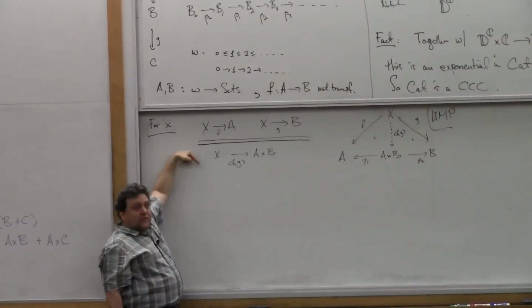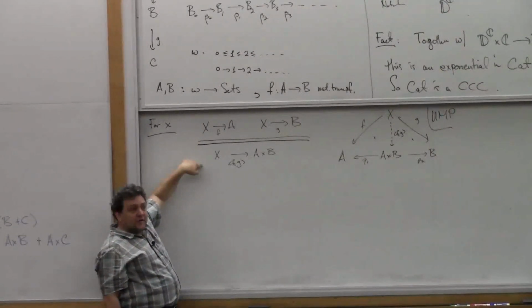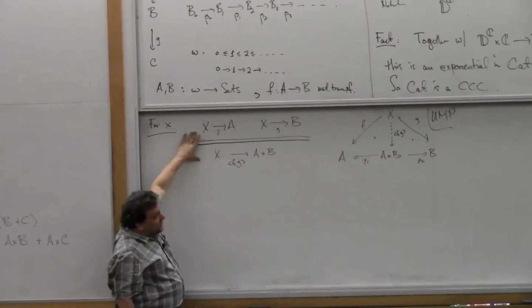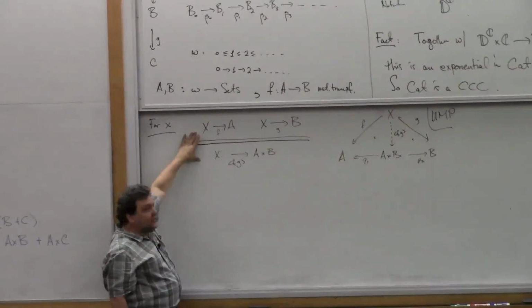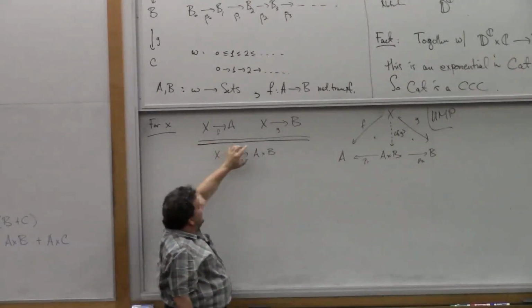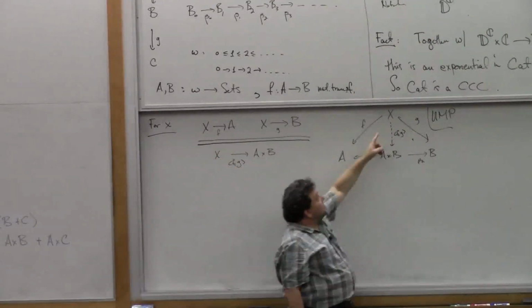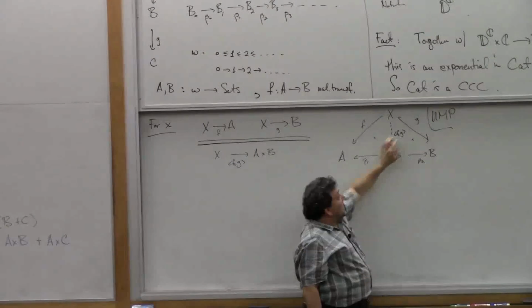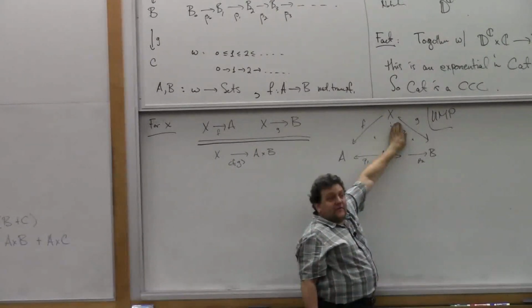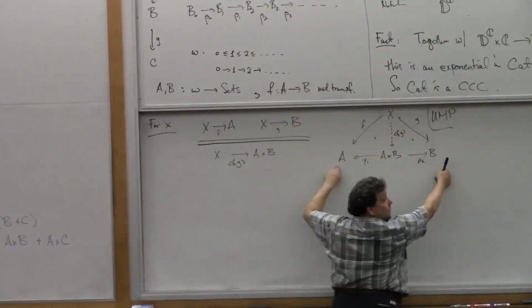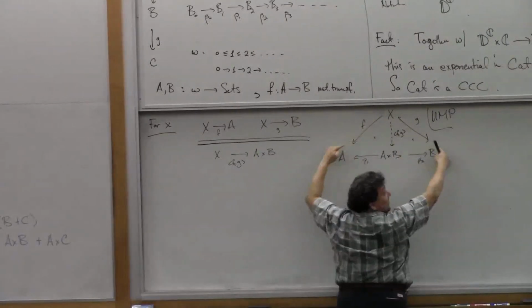It's a bijection between things of this form and things of this form, right? And indeed, if you look at the universal mapping property again from that point of view, it says, if I take things down here, arbitrary maps here, not necessarily paired up things, I compose with P1 and P2, that gives me a pair of maps like this.